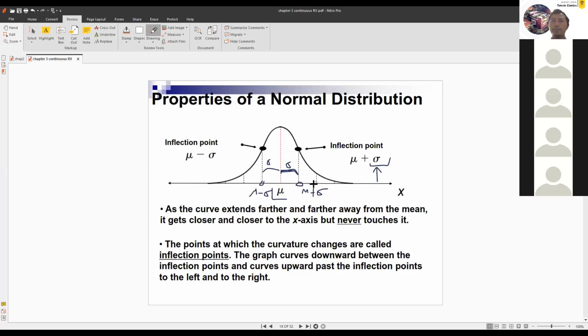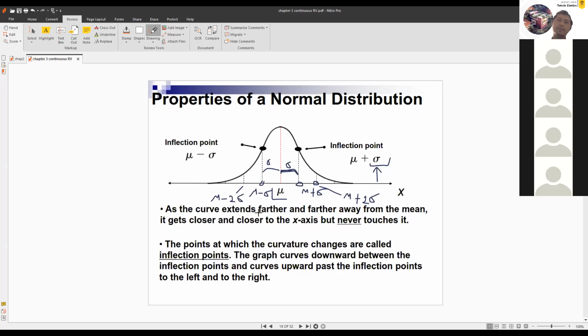This point, more wider, is equal to mu plus twice the standard deviation. This point is mu minus twice the standard deviation.